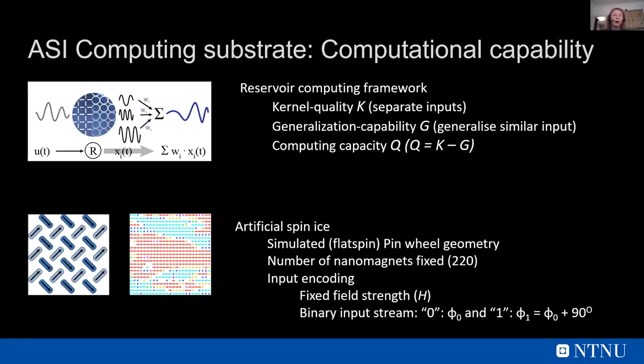Kernel quality is how good the system is at separating input signals, and generalization is how good it is at generalizing or seeing similarity in these patterns. We need both for computation. So we are also computing the computing capacity Q. That's a calculated measurement out of the kernel quality and the generalization capability.